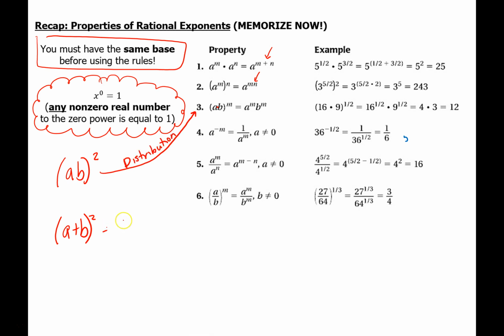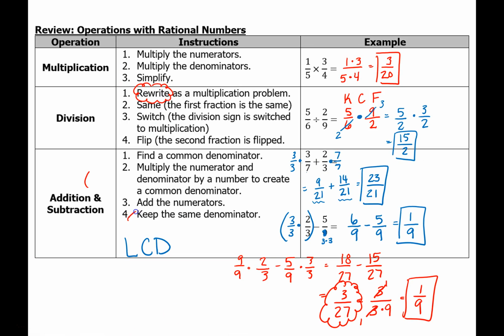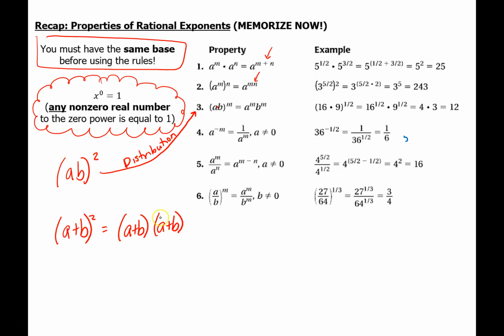This one is distribution, but it's a plus b times a plus b, which means that you have to do that distribution where you're foiling. So we have a times a is a squared, a times b is ab, then we do our inner distribution for ab, and we distribute that last piece to get b squared. These 2 things are not the same as one another, so be really careful with that sign. This is a multiplication rule, not a binomial rule.